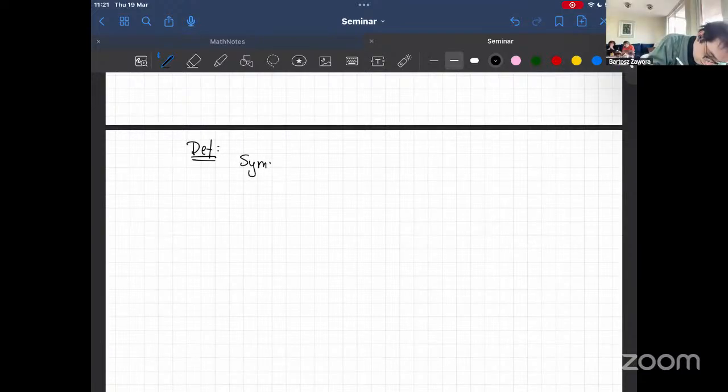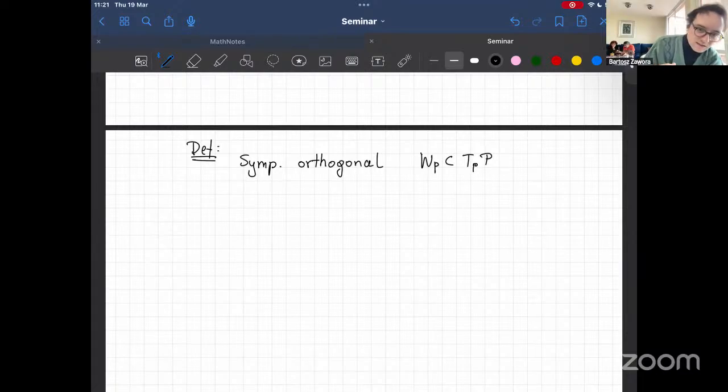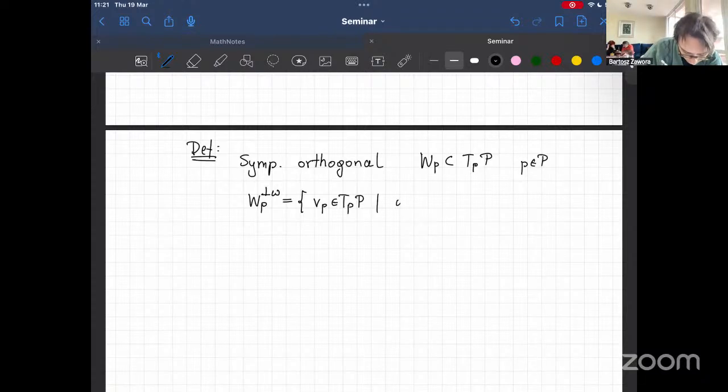The definition is that when we take some vector subspace W of our symplectic manifold, it doesn't matter whether it's exact or not, at some point p, the symplectic orthogonal of the space W at p is defined as all vectors v in the tangent space at p such that the symplectic form of v_p and w_p is equal to 0 for all vectors w_p in W_p.